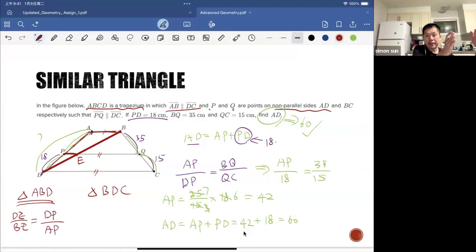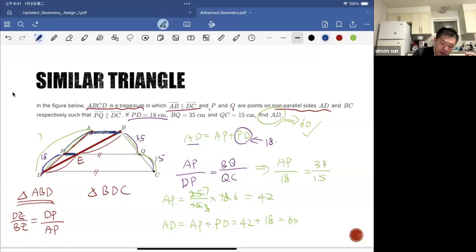All right, just take a look at the left triangle. DE over BE is equal to PD over PA, right? You have a triangle and you have a line parallel to the bottom. The other two sides will be divided into the same ratio.